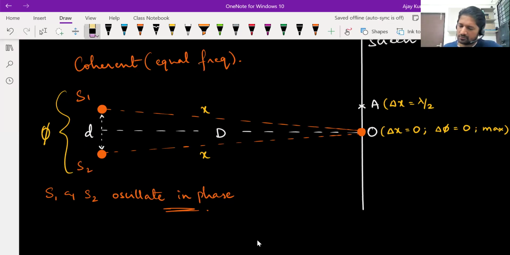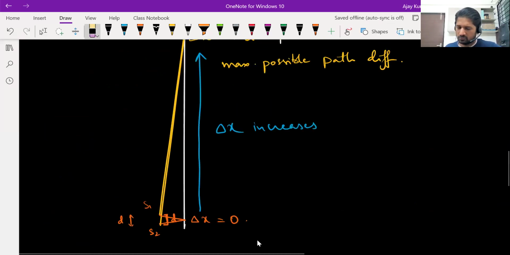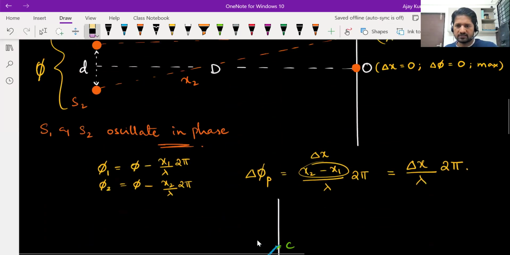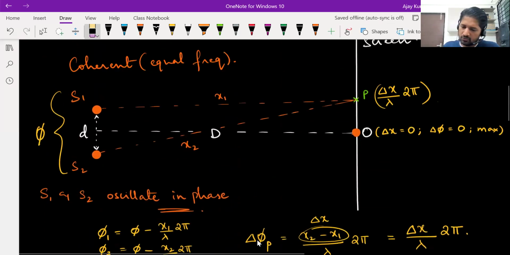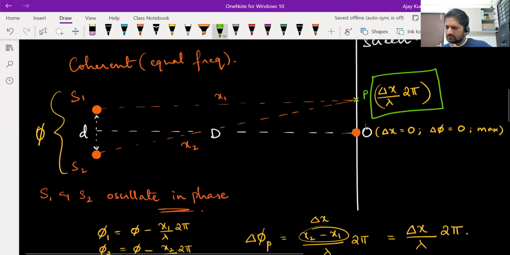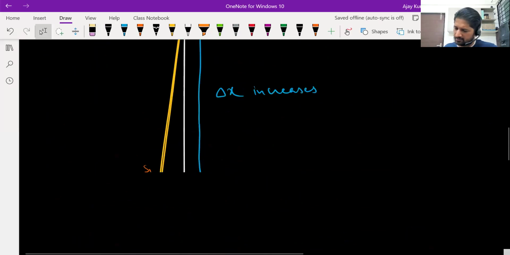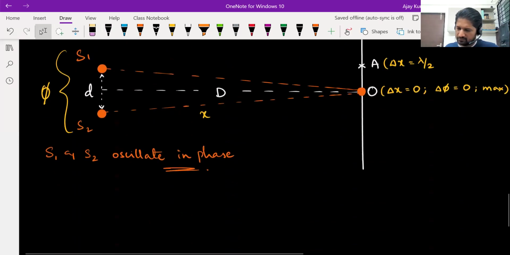Okay. So suppose the waves from S1 and S2 arrive at the point A with a path difference of lambda by 2. A path difference of lambda by 2 with the sources being in phase corresponds to a phase difference of, if you substitute here, let's write this formula there, delta x by lambda into 2 pi. Sources are in phase with each other.